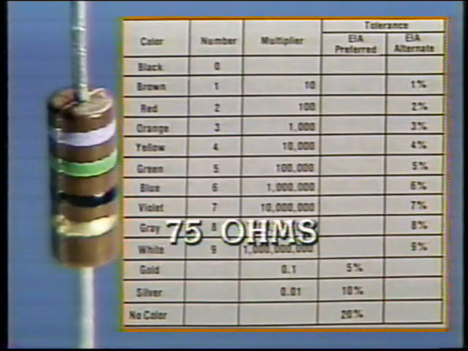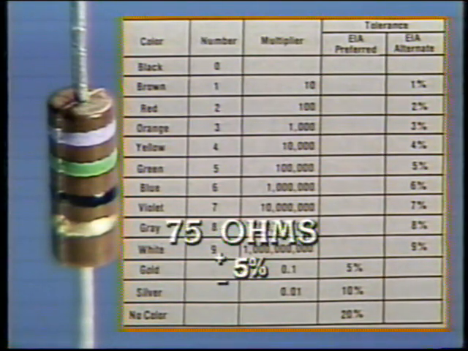The fourth band represents the tolerance or deviation that the resistor will permit on either side of the actual resistance value. Here, the gold band indicates a tolerance of plus or minus 5%.